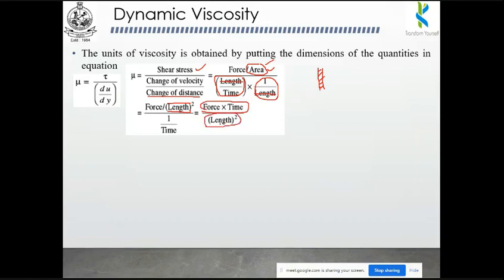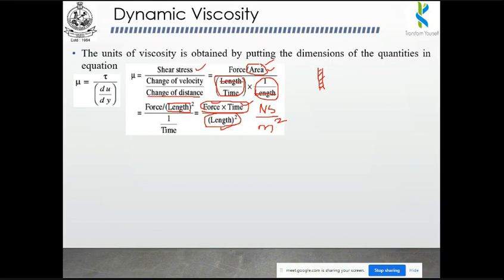So the unit for this formula, dynamic viscosity, is Newton seconds per meter square, right? Force is in Newton, time is in seconds, and length is in meter, and here it is length square. You can consider area as length square, and the unit for area is meter square.